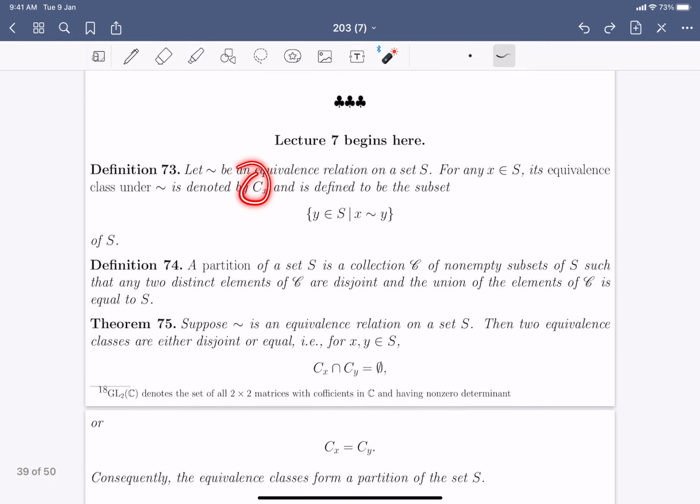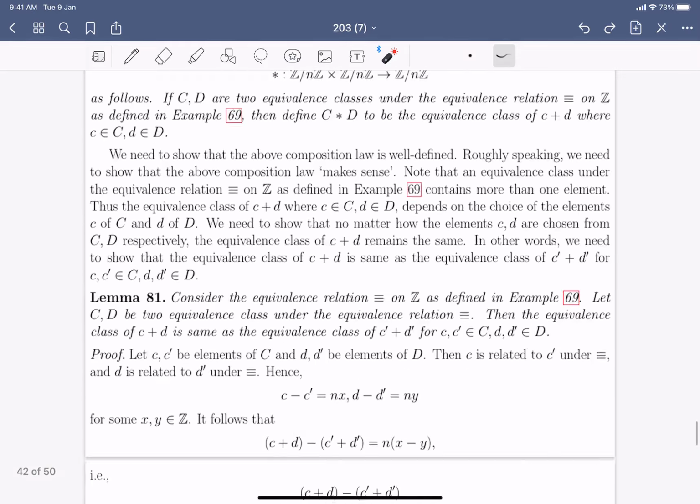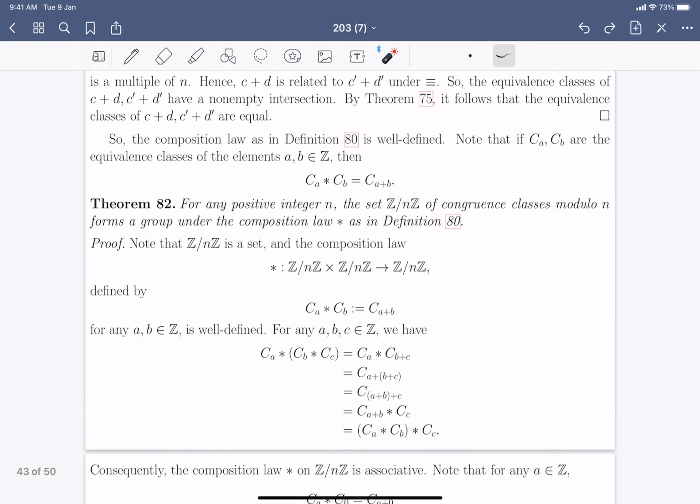So following the same convention, we denoted the equivalence class of an integer a by CA. Of course, by equivalence class I mean with respect to the congruence modulo n relation. You may ask where is n here.